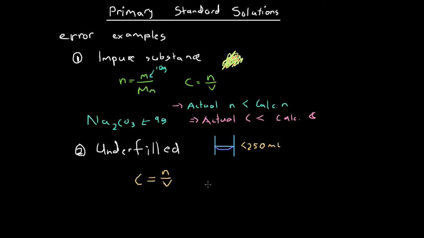If we decrease V, which we should if we fix the error, then our concentration will go up because V is on the denominator. So in reality our volume should be lower, which means our concentration should be higher.